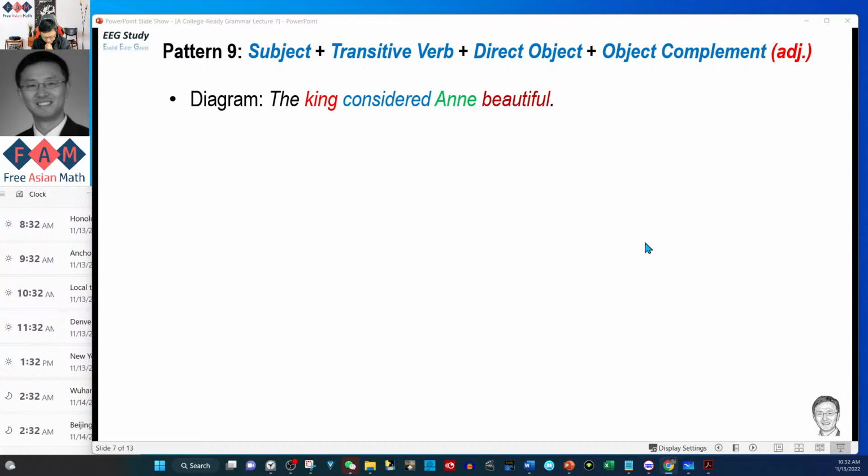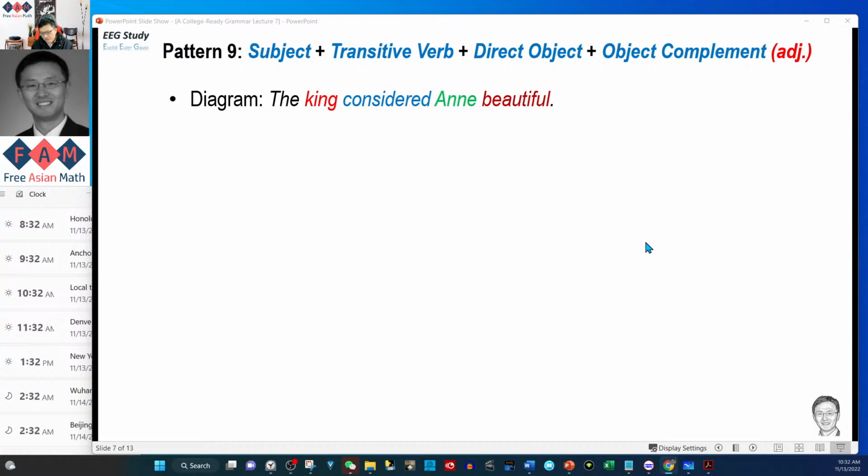Let's take a pause here. Actually, first of all, not all transitive verbs will be able to do something like this. Just like not all verbs will have 2 objects, one direct, one indirect, not all transitive verbs will be able to get an object complement.